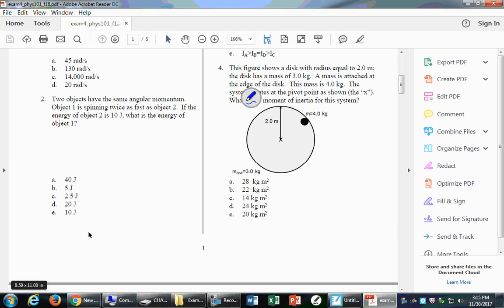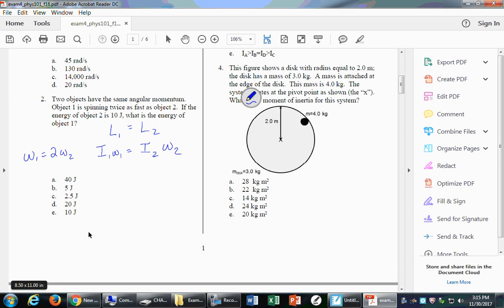These always confuse me. Two objects have the same angular momentum. That means that L1 is equal to L2. So that means that I1 omega 1 is equal to I2 omega 2. That's what that says, that they have the same angular momentum. But object 1 is spinning twice as fast as object 2. All right, so omega 1 is twice omega 2.